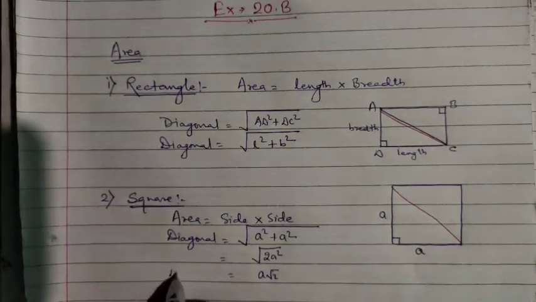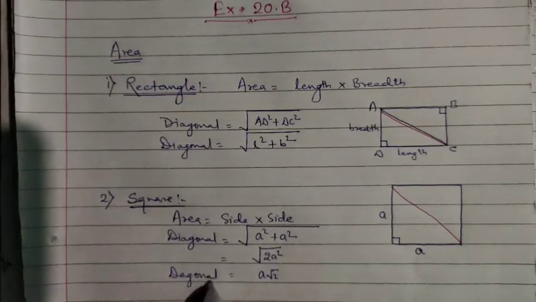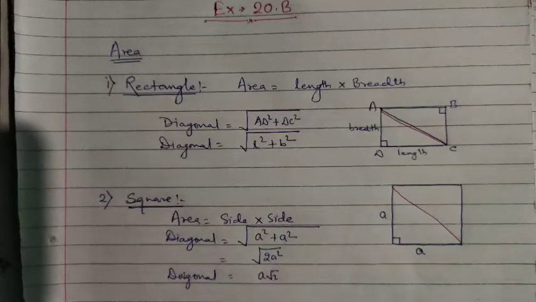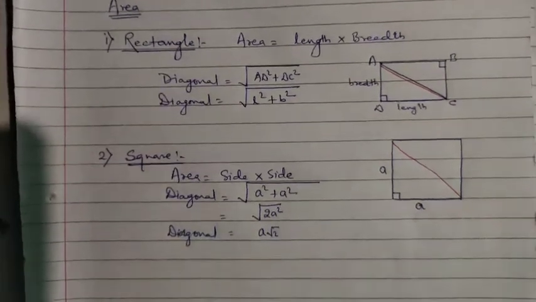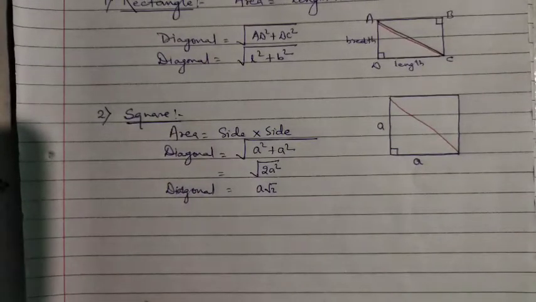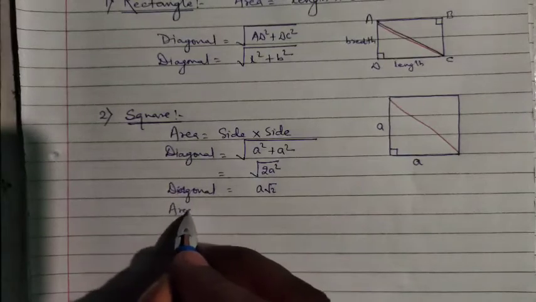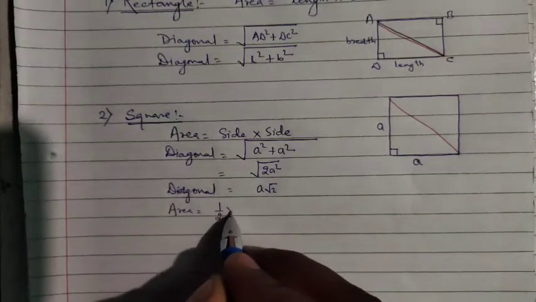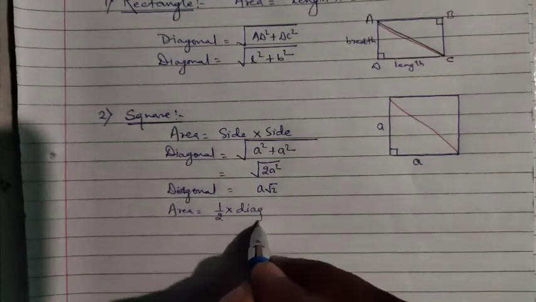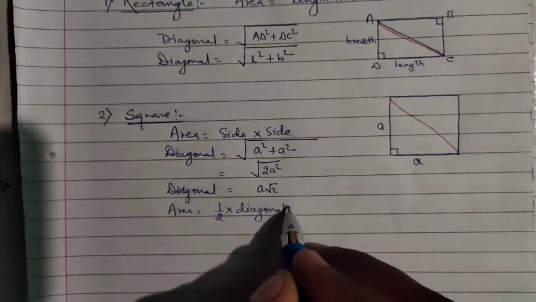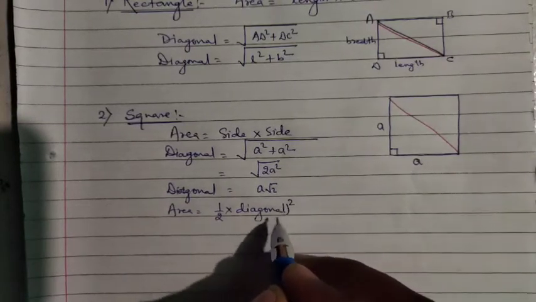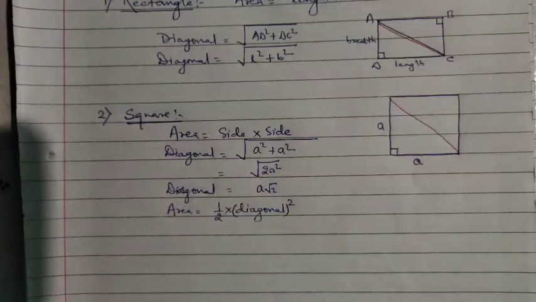This will be the formula for the diagonal we will be using for solving the problems related to diagonal. There is one more formula for calculating the area of a square, that is area is equal to half into diagonal square. Half into diagonal square. This is one more formula for calculating area.